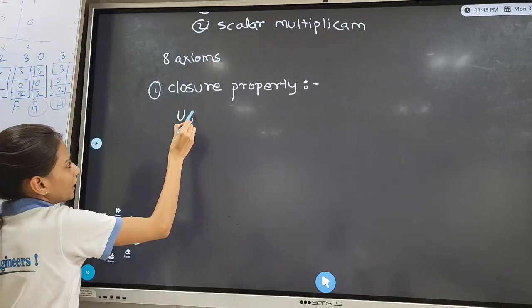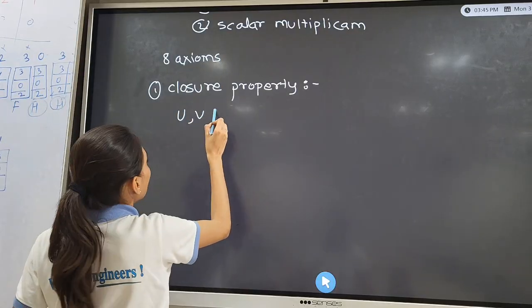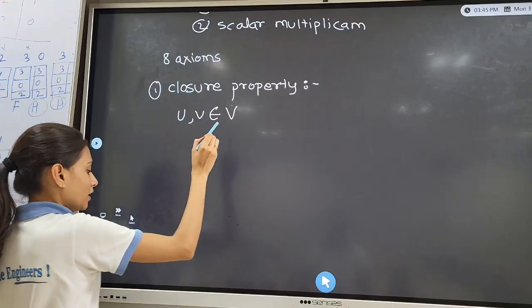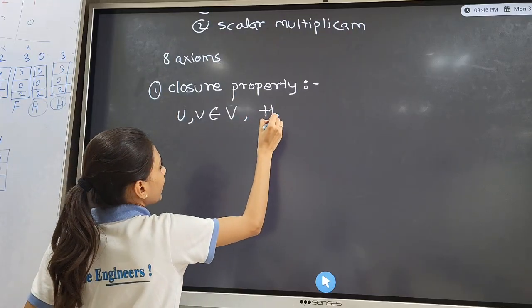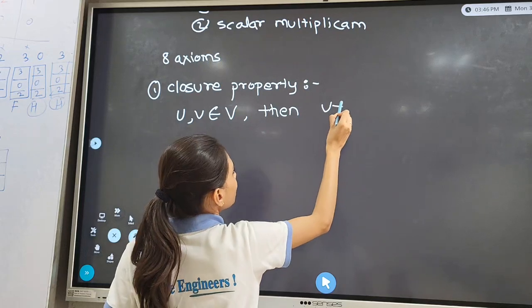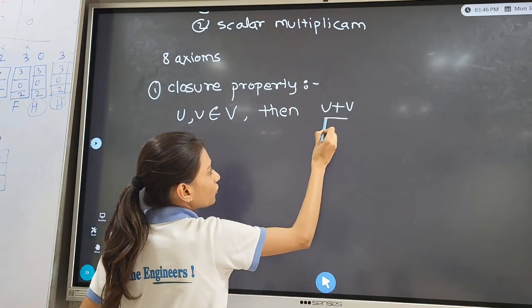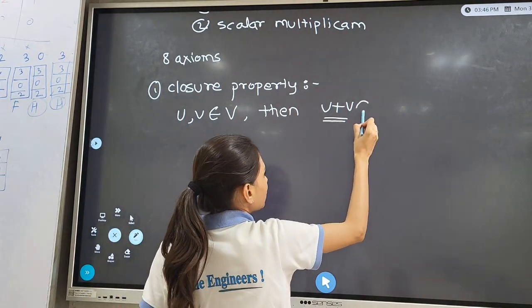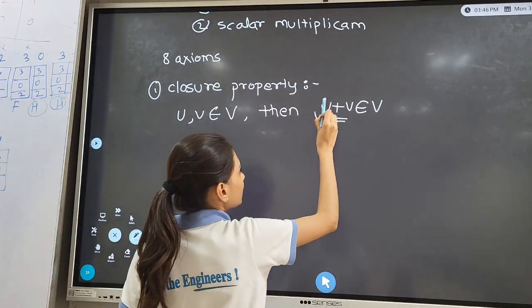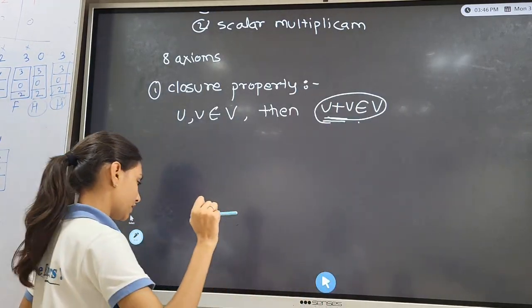Let U and V be elements of a vector space V. Then we can prove that U plus V, the addition of these two elements, has to lie in the vector space. Then we can say that these are the elements of the vector space.